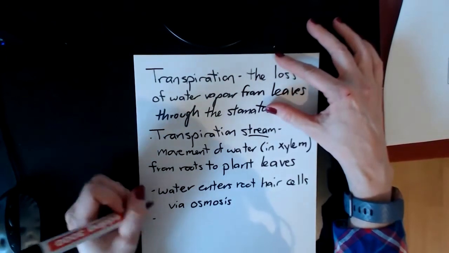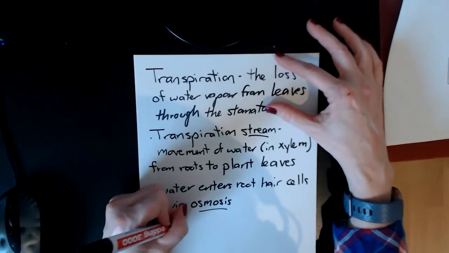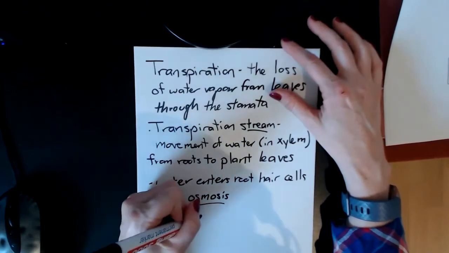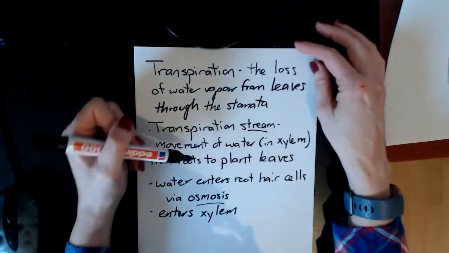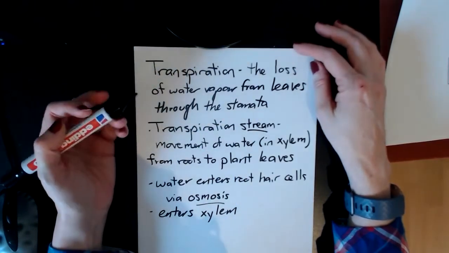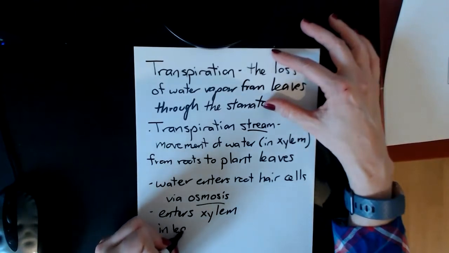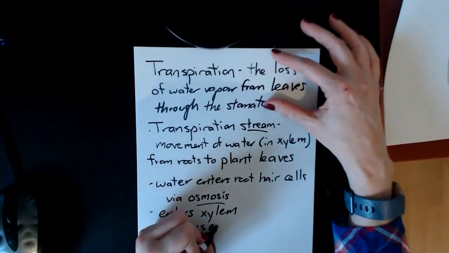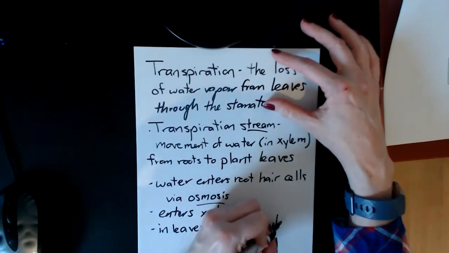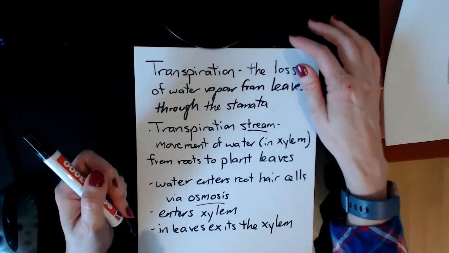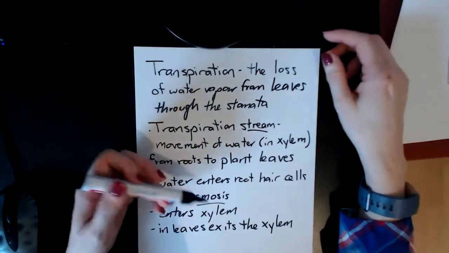It then moves into the xylem, okay, again via osmosis. And then from there, it travels up through the stem and into the leaves. And then it exits the xylem from the vascular bundle in the leaves, which I think we've already talked about.